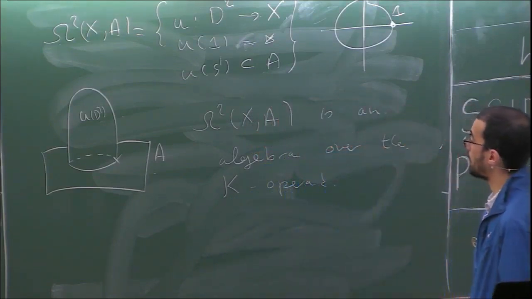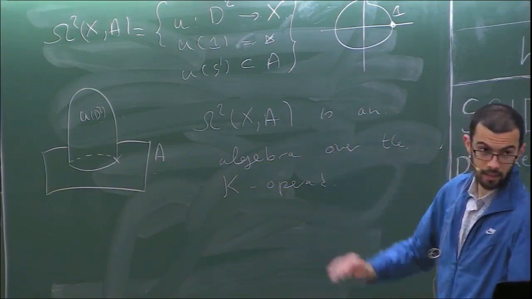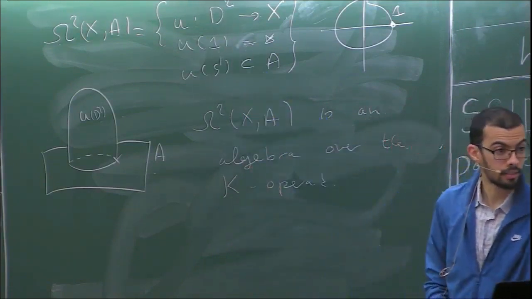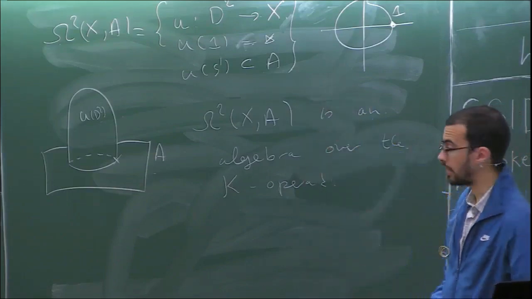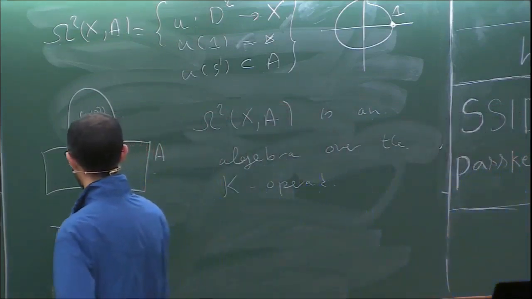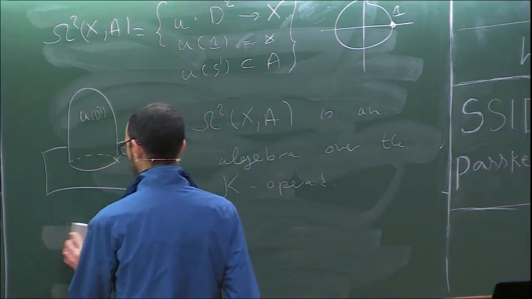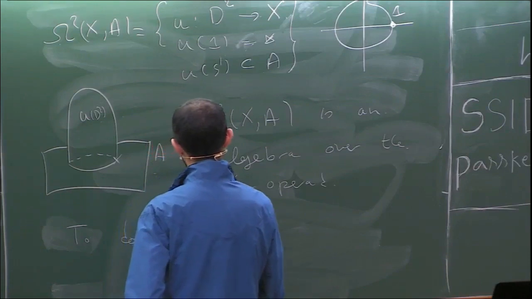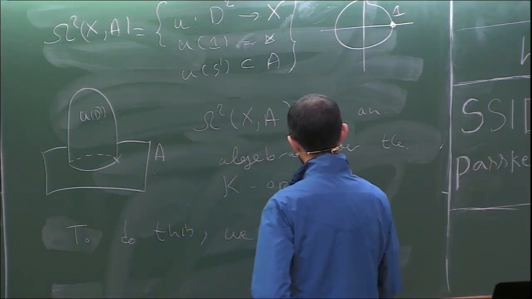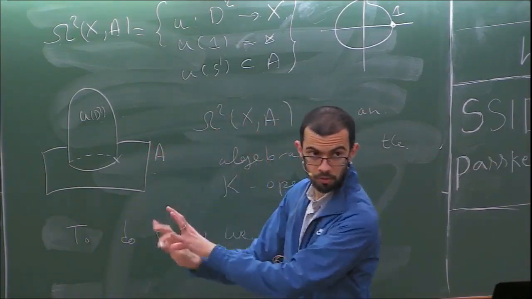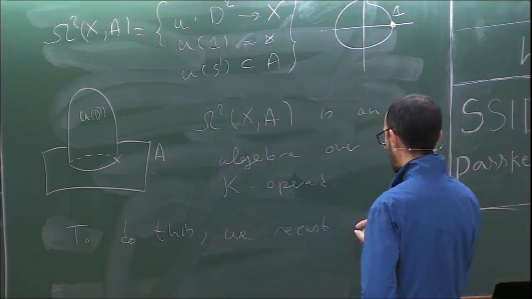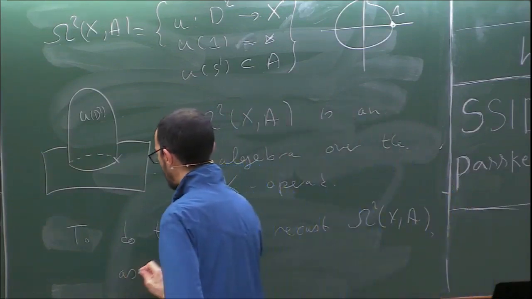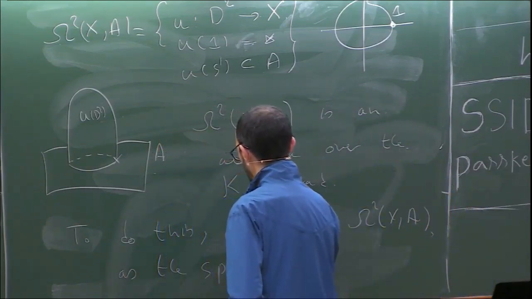Now, as with many things, to make it an algebra over this operad, you have to take this disk and draw it slightly differently, and take these conditions and draw them slightly differently. So to do this, we recast, and this is going to be a homeomorphic space, so we're not going to change anything, omega 2 of (X, A) as this space of maps.